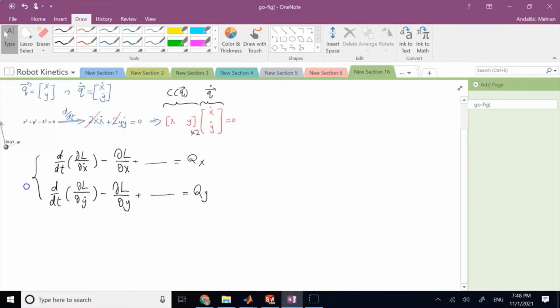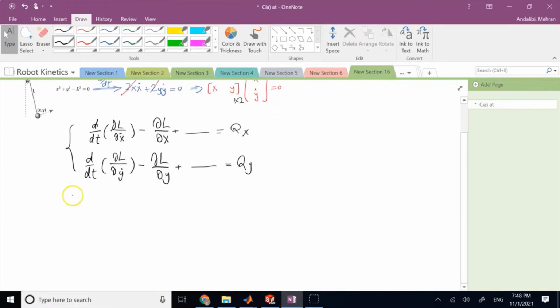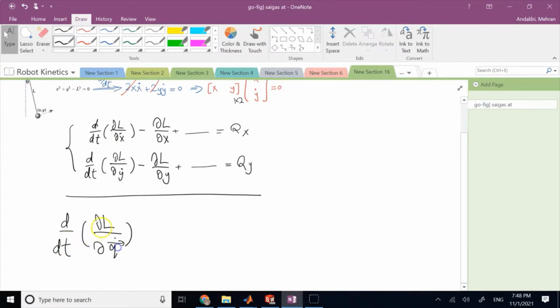Now I combine these two equations into a matrix format, and I write it as d over dt of partial of L with respect to q dot, which is really for these two terms, minus partial of L with respect to q, which is for these two terms, then plus the constraint terms, which I will add later, is equal to, now I combine this Qx and Qy into the generalized Q vector, which has Qx and Qy.